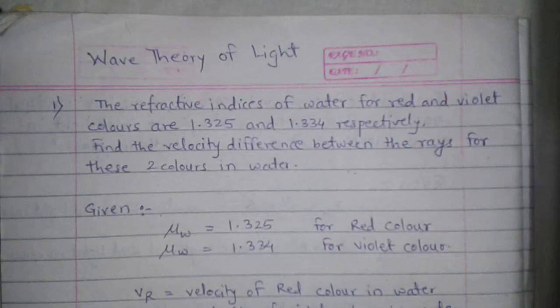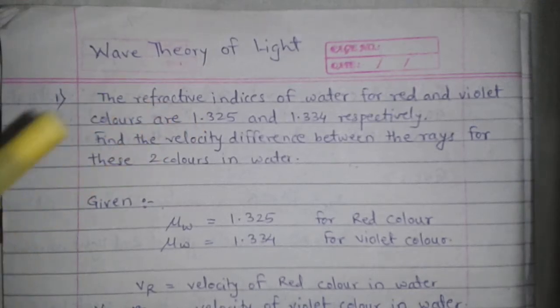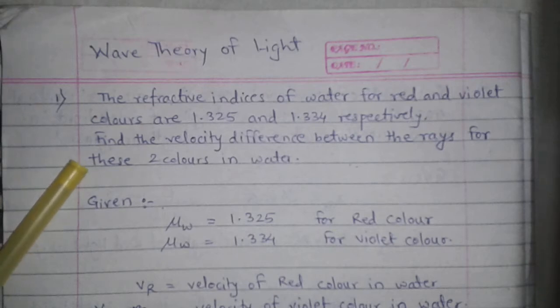namely red and violet. So the problem is the refractive index of water for red and violet colors are 1.325 and 1.334 respectively. Now we need to find the velocity difference between the rays for these two colors in water.